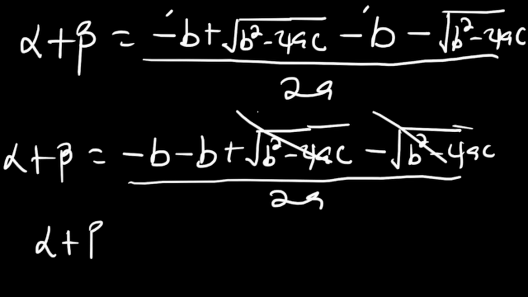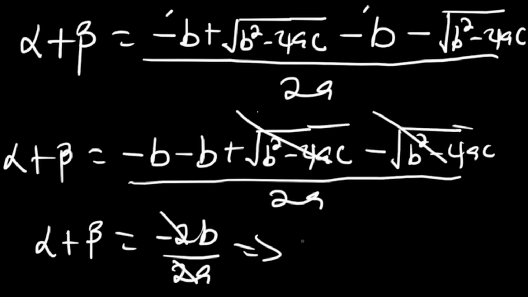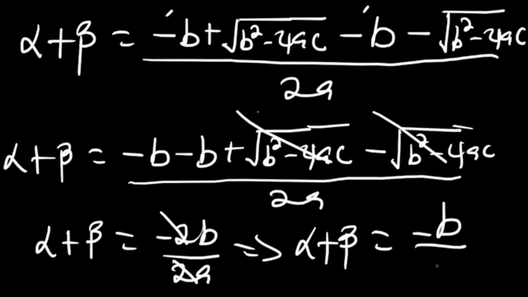So we are now left with alpha plus beta equals minus b minus b is minus 2b, and what is left at the denominator is 2a. Now, look at this here. 2 can divide 2, right? Correct. So when 2 on top divides the 2 at the denominator, we are left with alpha plus beta equals negative b over a.